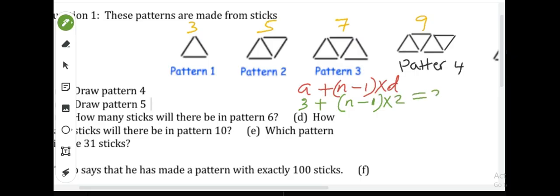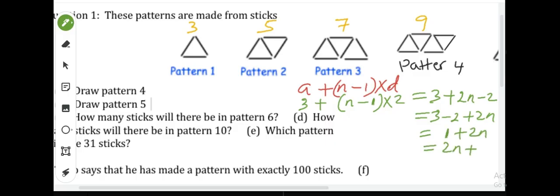And that will give us 3 plus 2n minus 2. That's 2 times n is 2n, and 2 times minus 1 is minus 2. So this will give us 3 minus 2 plus 2n, or 1 plus 2n, or 2n plus 1 is the same thing. These two are the same.